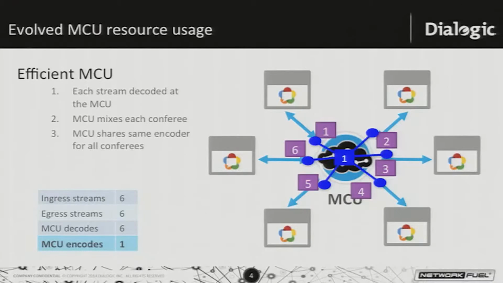So when you think about WebRTC, when you think about scaling WebRTC, where you need to do not peer-to-peer or one-person-to-one-person conferencing, but multi-party conferencing, this doesn't just scale. So what we've been working on is what we call efficient or evolved MCU, where we have looked at encoding operation specifically.